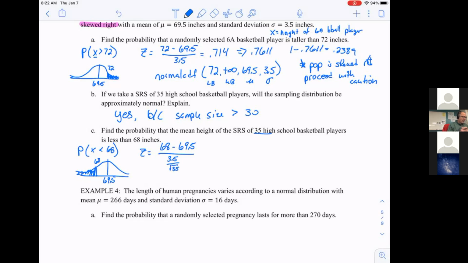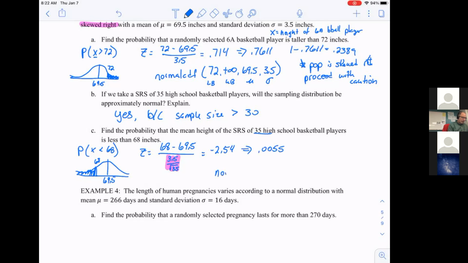Okay. So again, I will highlight this. This is the part that's different. I have to make that adjustment for my standard deviation when I'm dealing with a sample. So this is going to be negative 2.54, which if I look that up in a table is going to give me a 0.0055.